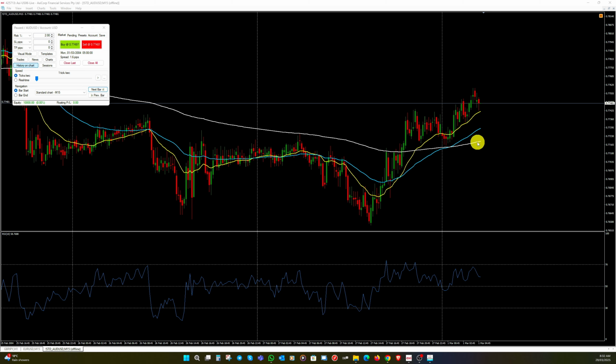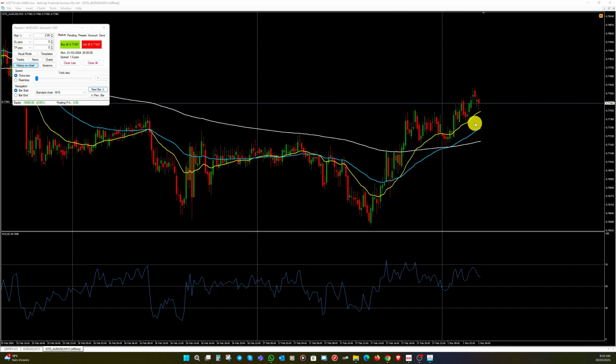We can see here we've got the 200, and the 50 is above that, and the 20 is above that one. So we need them in order. We want to pull back at least to the 20 or even to the 50. Either one is okay. And we want some sort of a pullback to the RSI. So whether it's a pullback to the 50 line or a pullback to the 70 line for a long. Let's just see how we go.